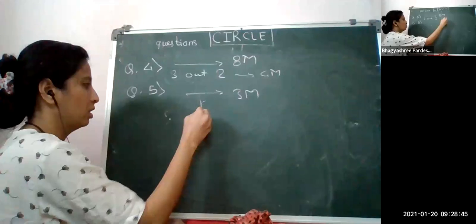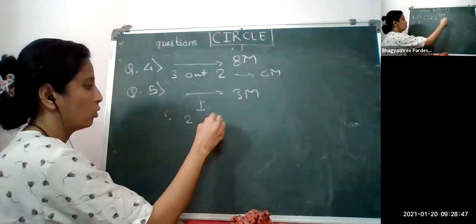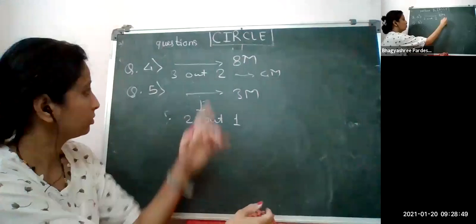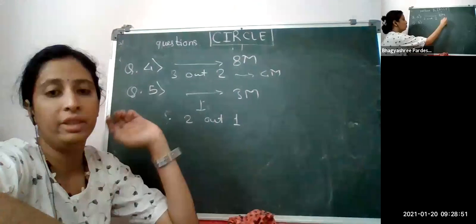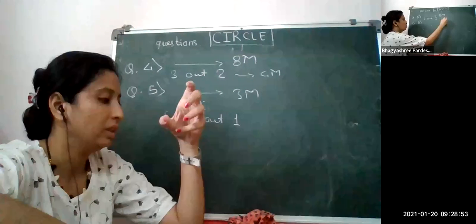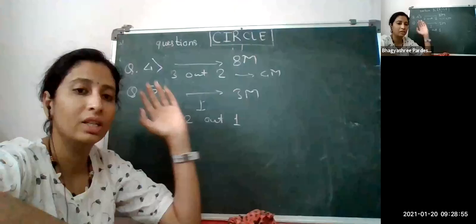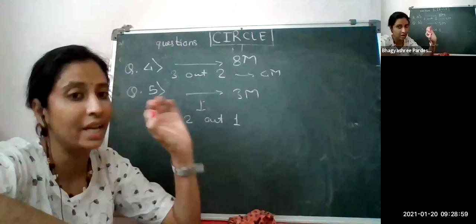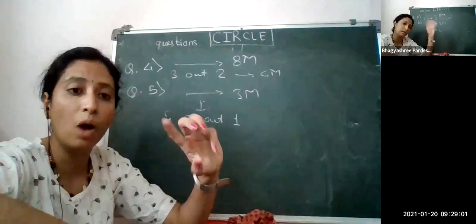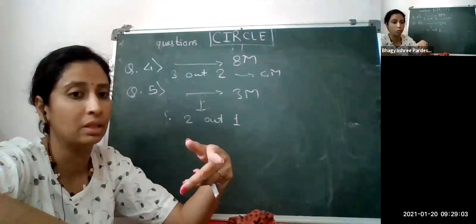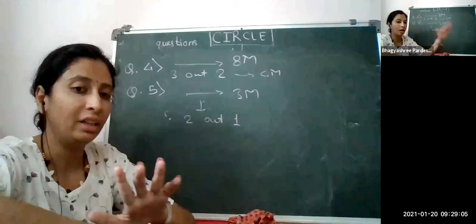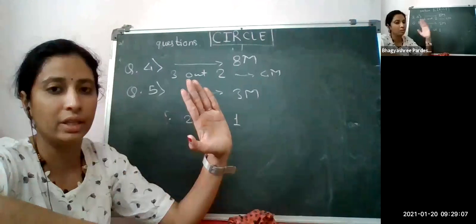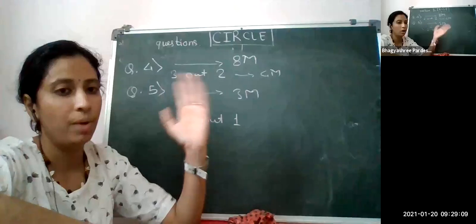Two are given, and we have to solve one question. It is important, because whatever questions are asked here are actually out of the textbook. I am saying out of the textbook, not out of the syllabus. It will be based on the syllabus only, but you will not find that question in your textbook.